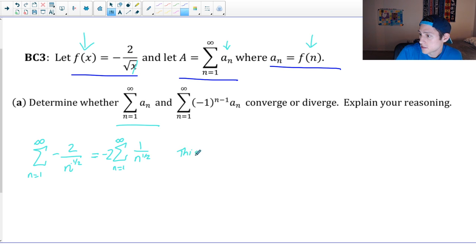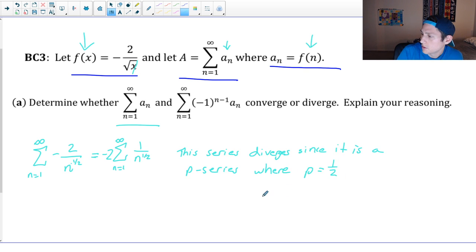And I can just go ahead and state this series diverges. Explain my reasoning: since it is a p series where p equals 1/2, which is less than 1.